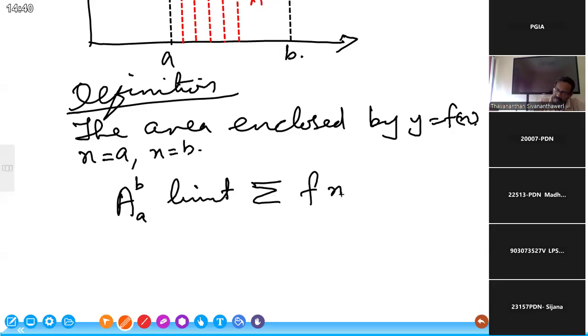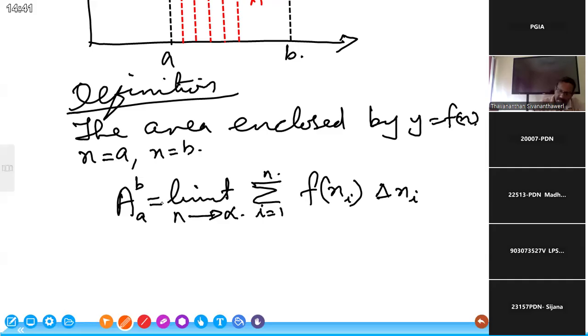So f(x_i) times delta x_i, where i is from 1 to n, when n reaches infinity.